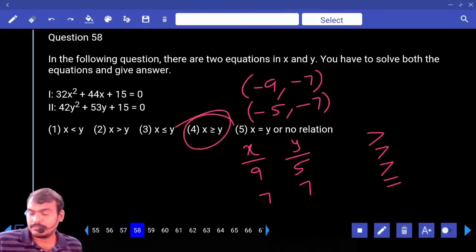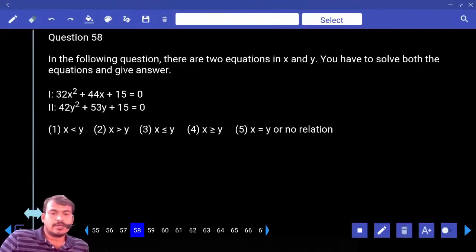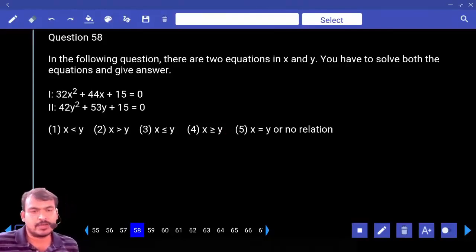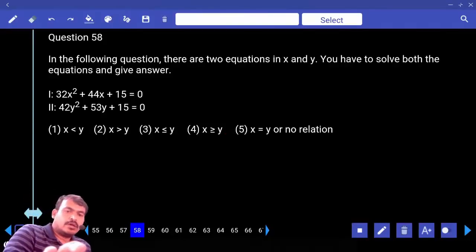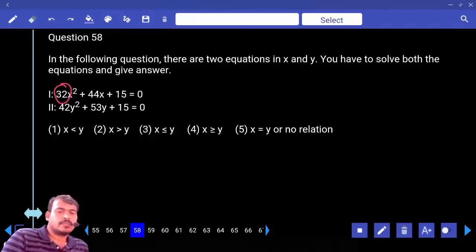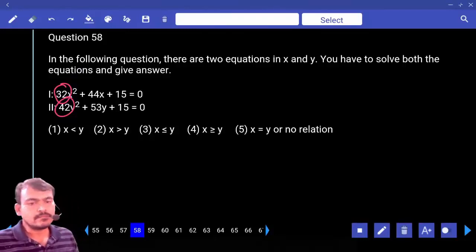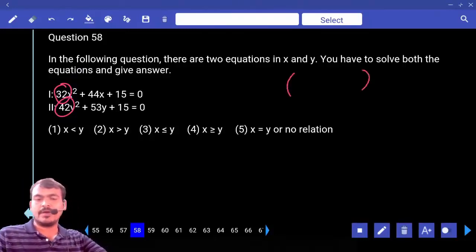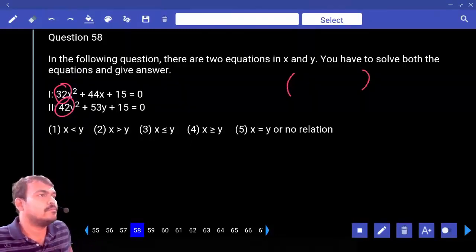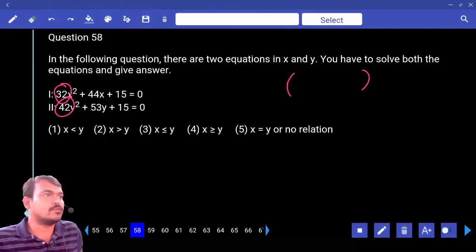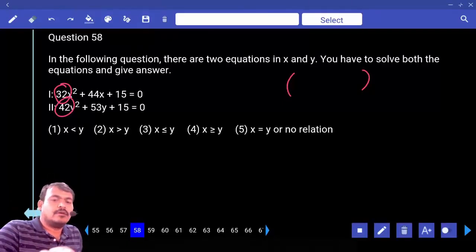Next, 58. 32x square plus 44x plus 15 equal to 0. What is the coefficient of x square? 32. Coefficient of y square? 42, or not. Or else, what is half of 32? 16.